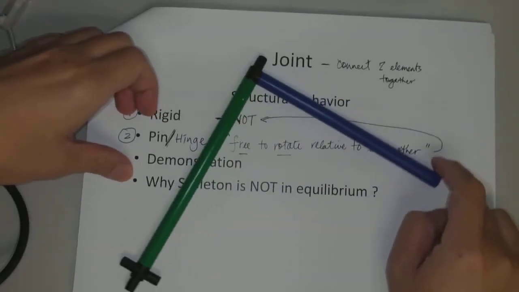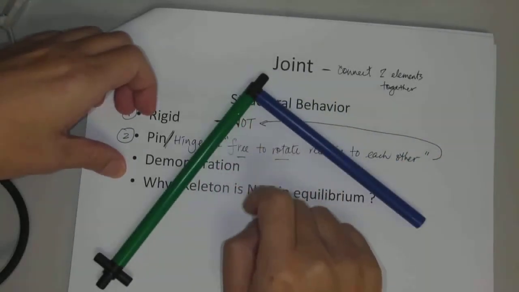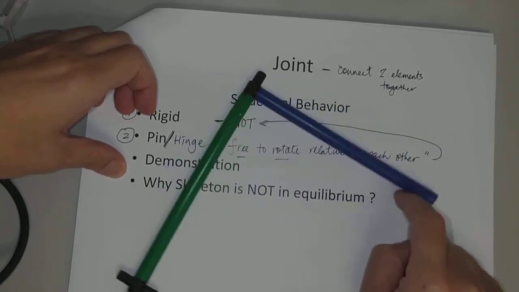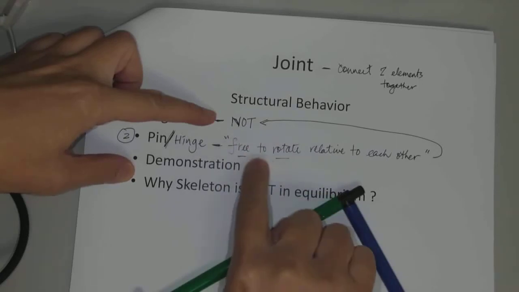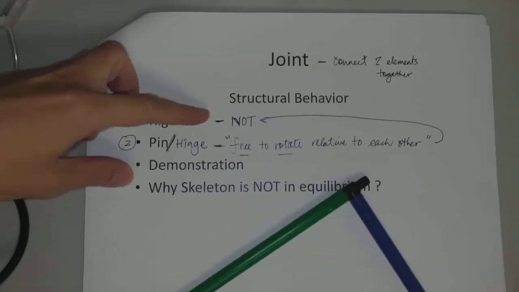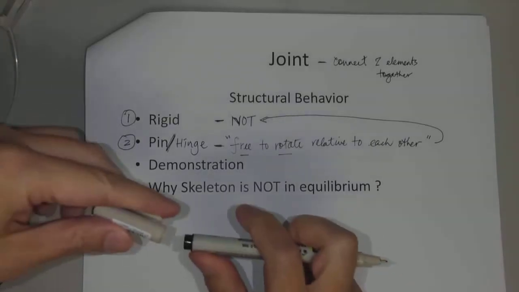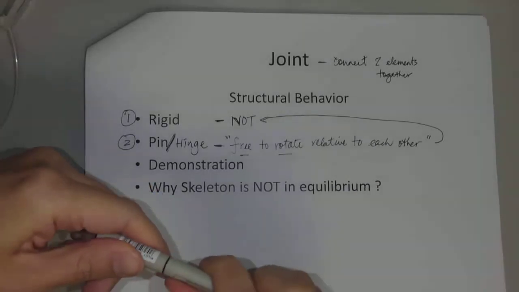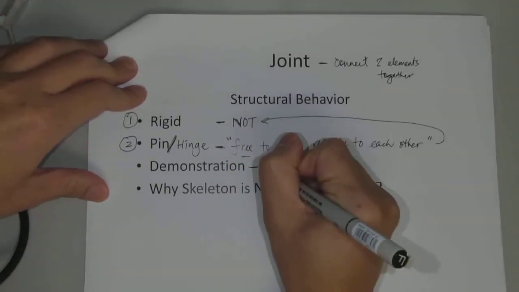This one, it's rigid. That angle won't change. So it's not free to rotate. So, suppose these are door hinges.